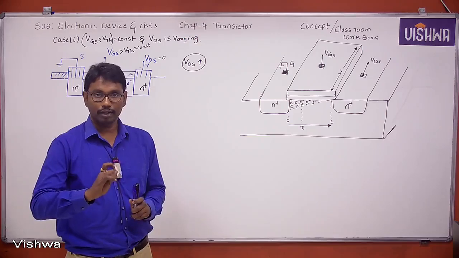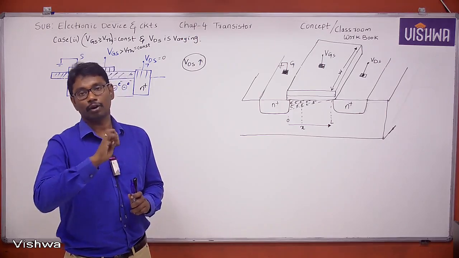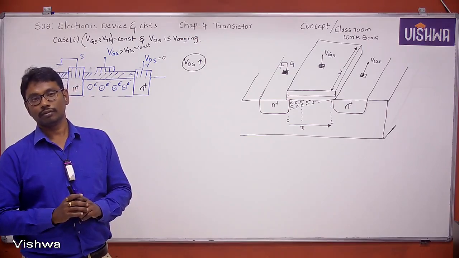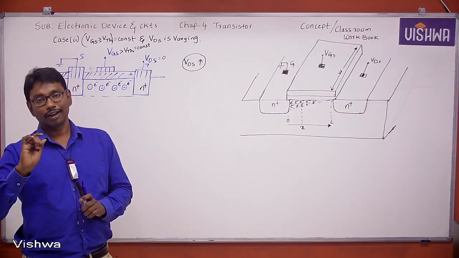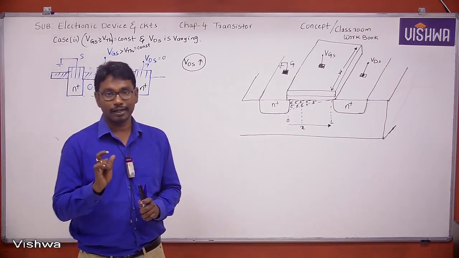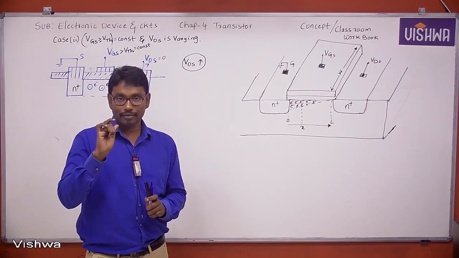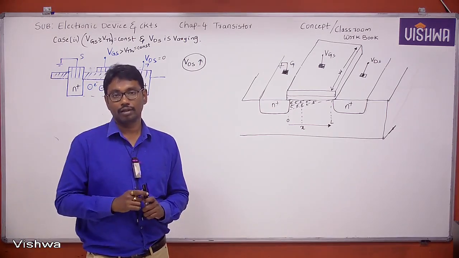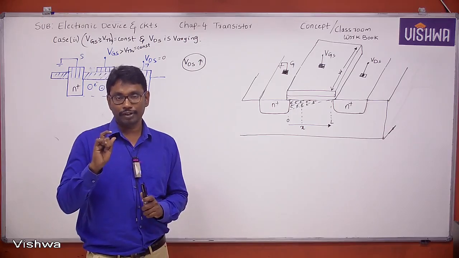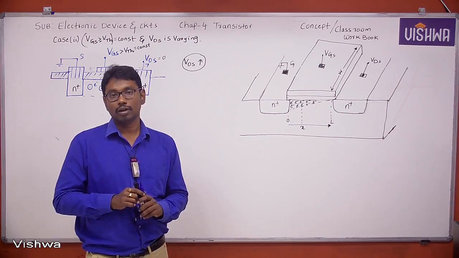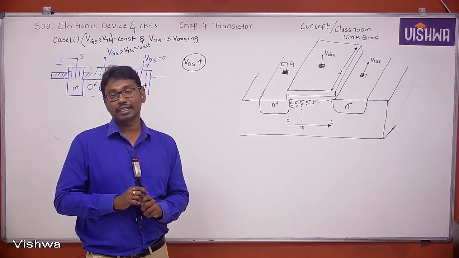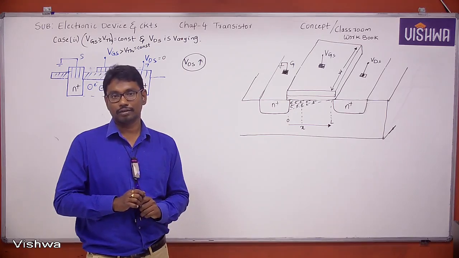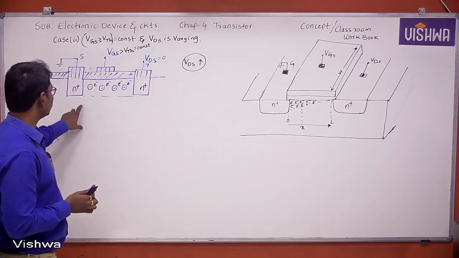Next point: when VDS increases by a small amount, then the current IDS increases linearly with VDS, because the MOSFET acts as a fixed value of resistor. Copy this diagram.